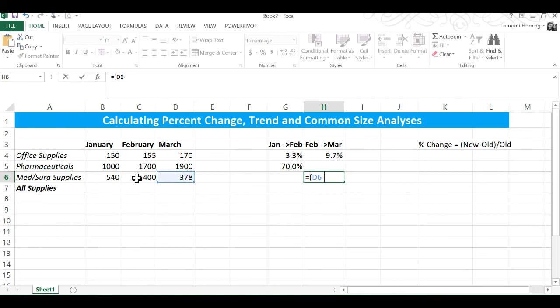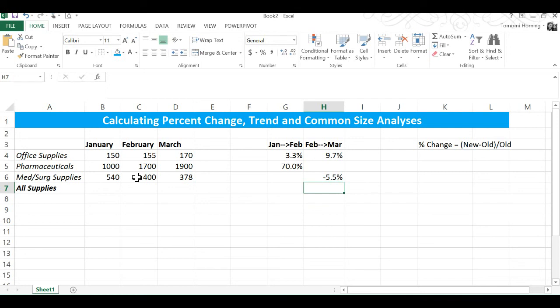Minus the old, 378 minus the 400, divided by the old, which is 400. And there you can see we do have a negative sign, meaning that we decreased. Our percentage change is negative 5.5% change in med-surg spending from February to March of this particular quarter.